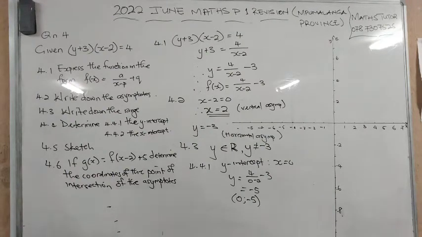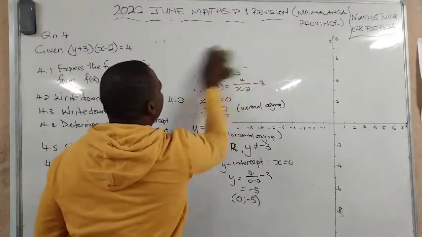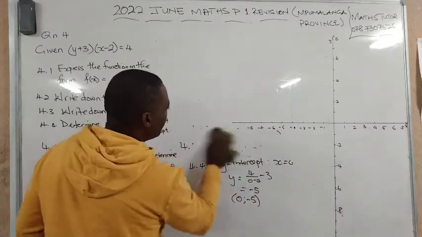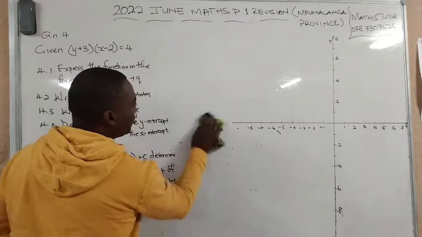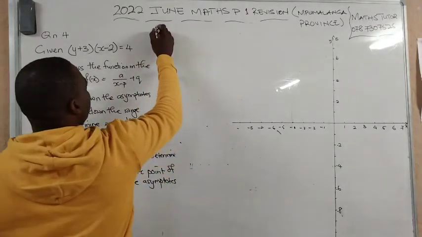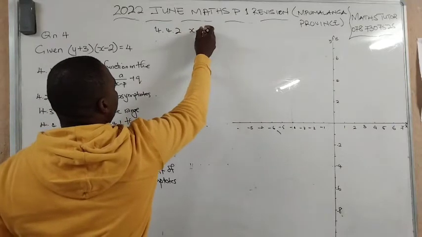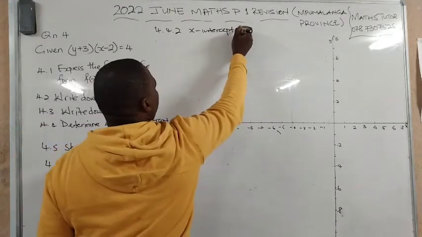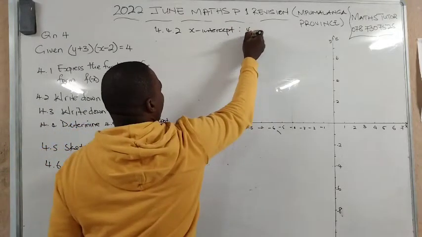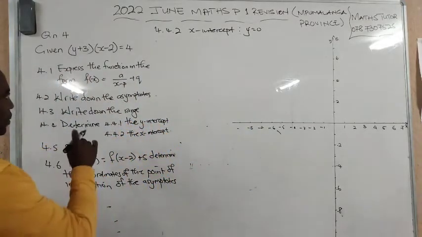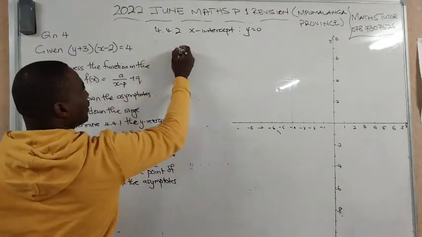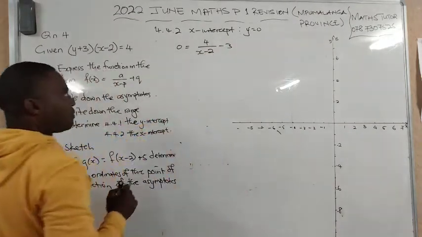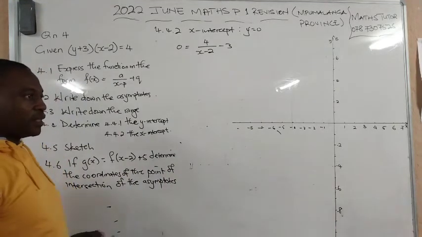4.4.2, we need the x-intercept. So this comes when y is equal to 0. So 0 is equal to 4 over x minus 2 minus 3. Now this is an equation with fractions.